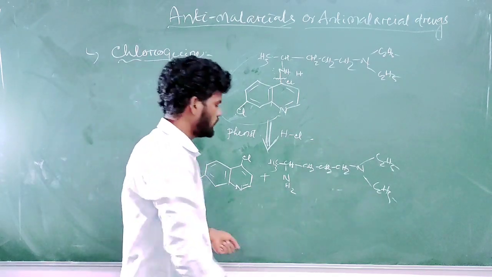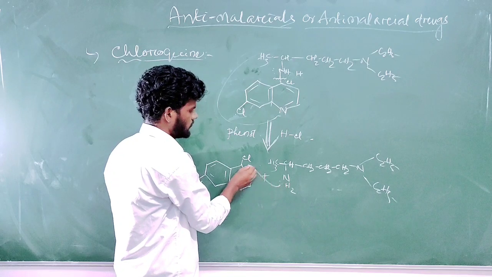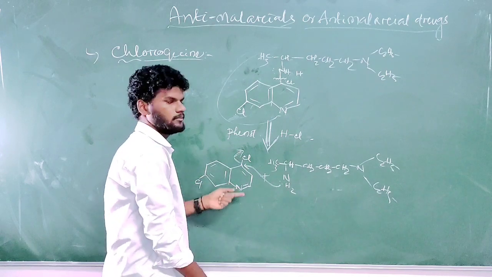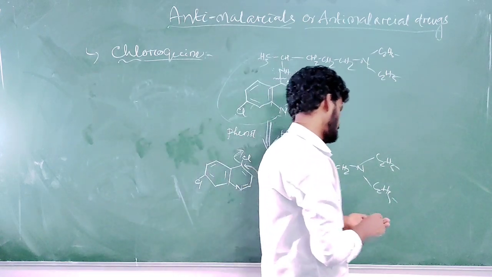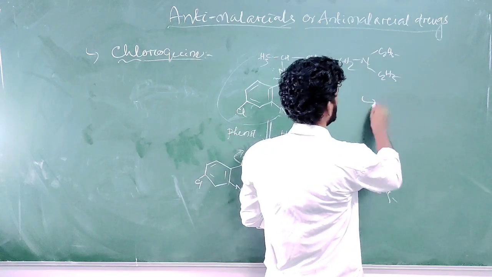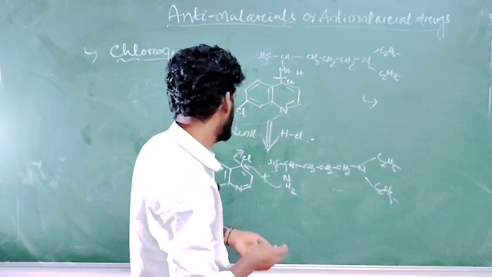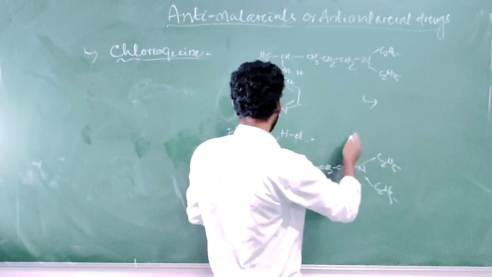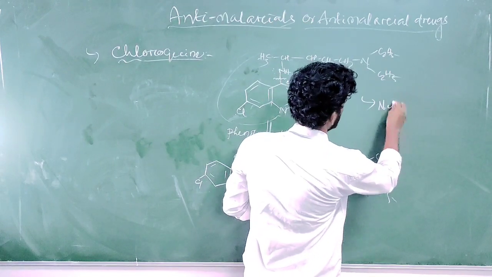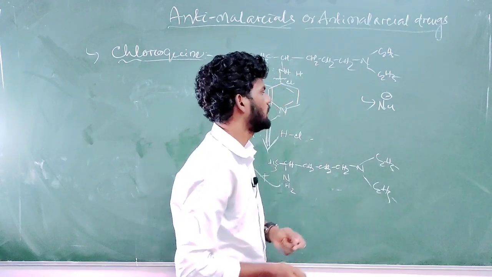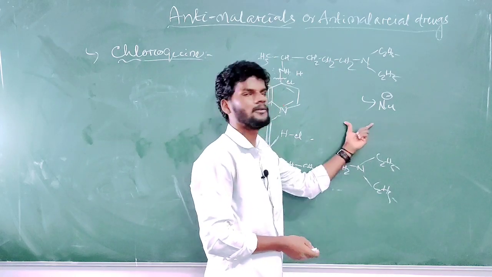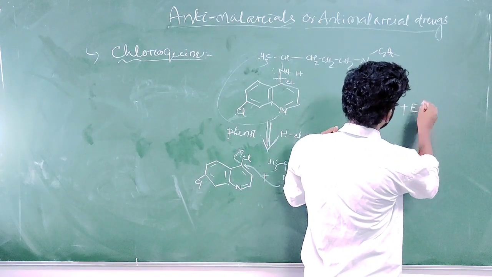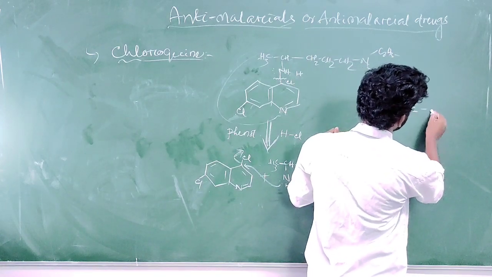And how will it synthesize in the simple way? The nitrogen lone pair attacks this carbon atom, and the chlorine group is released. This simple reaction is known as nucleophilic substitution reaction on an aromatic ring. I will discuss it later. Every organic reaction, as I have told, depends upon three factors: nucleophile, electrophile and leaving group. You have to know which behaves as a nucleophile, which is the electrophile and which is the leaving group.